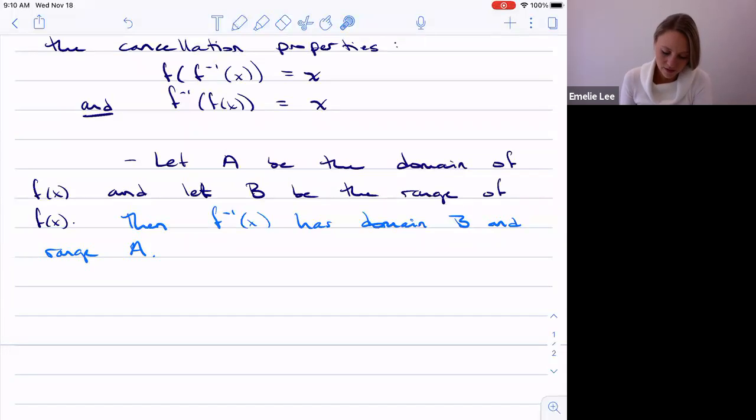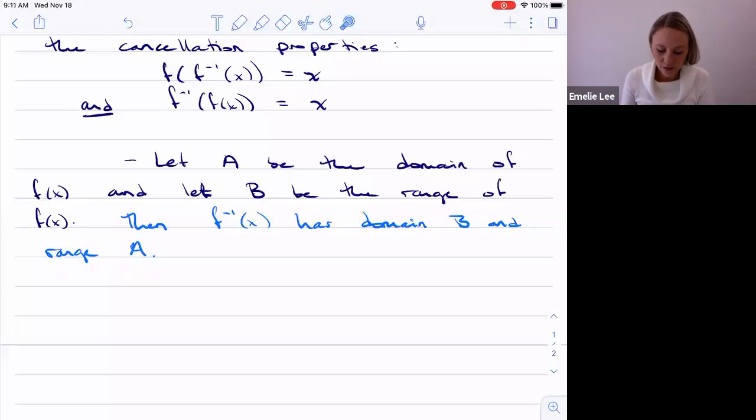So I guess what I wanted to say was that the inverse swaps the domain and the range, which is true, right? The inverse has the domain, which used to be the range of the original function, and the range of this thing is the domain.